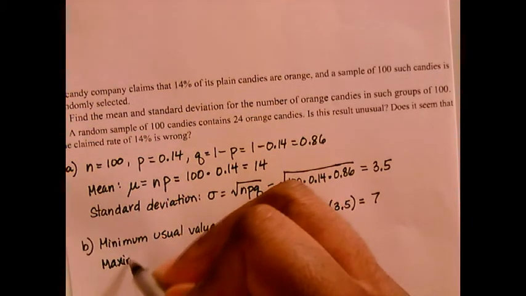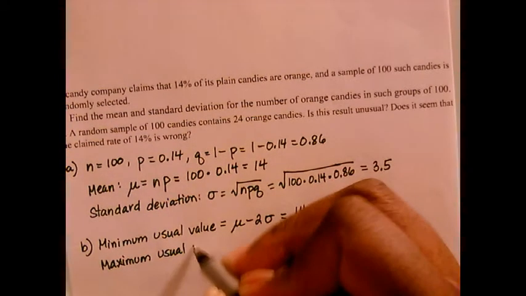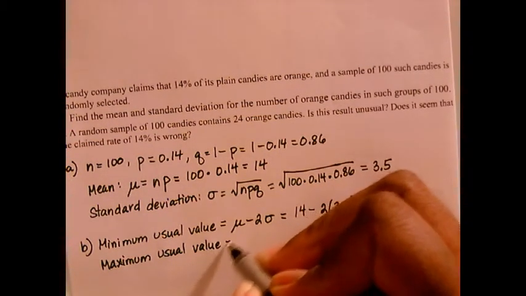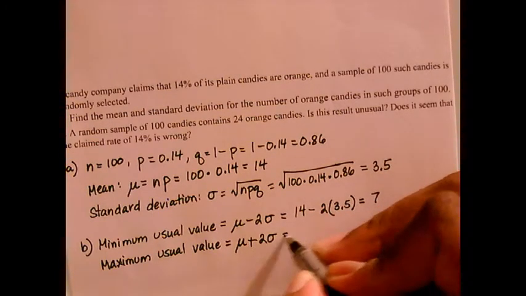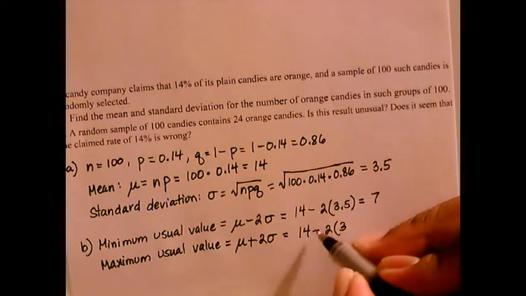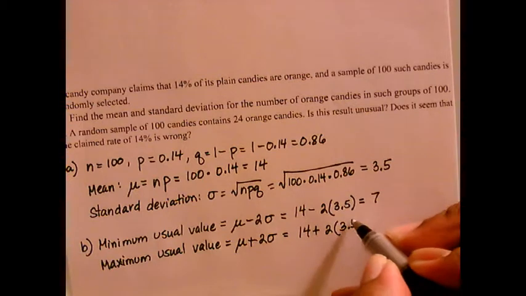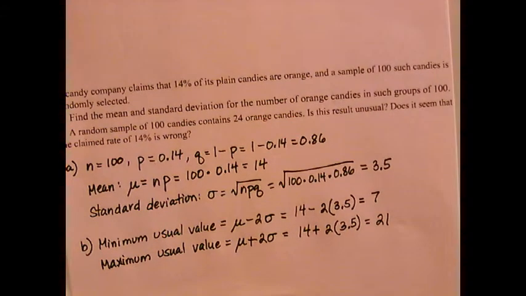Now for the maximum usual value, we're going to have mu plus 2 times sigma, so 14 plus 2 times 3.5, so 14 plus 7 would be 21.